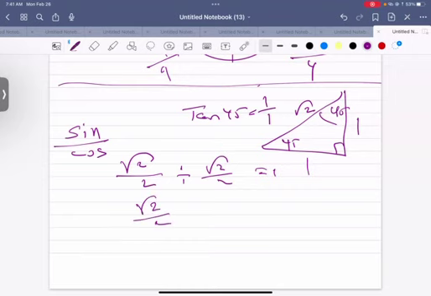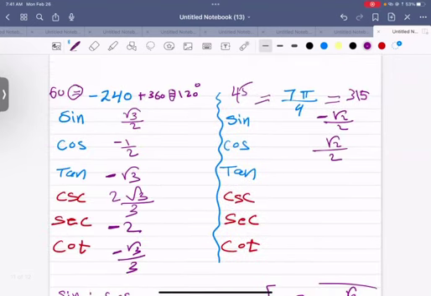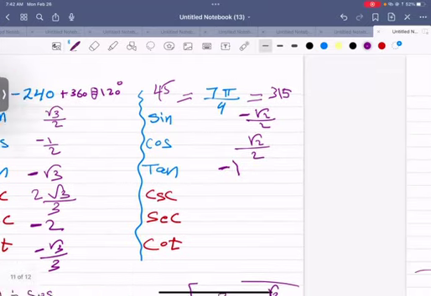Or radical 2 over 2, keep change flip, also equal to 1. But the best way is 1 over 1, which is 1. All right, get back here. So tangent is equal to 1. And tangent in the fourth quadrant is negative, because sine divided by cosine, negative divided by positive, is negative.